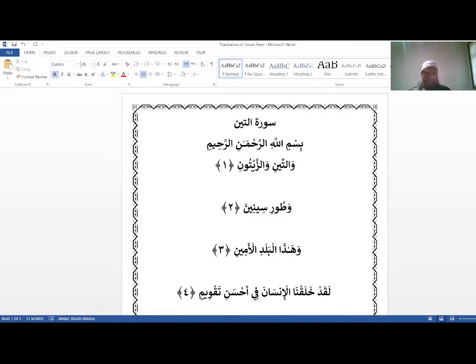We've learned there are only two things that make an ism into halatul jar. Number one, either there is a huruful jar before it, or there is a mudaf before it. So we can say there is no other ism before it, so there is no mudaf. So this waw has to be huruful jar.